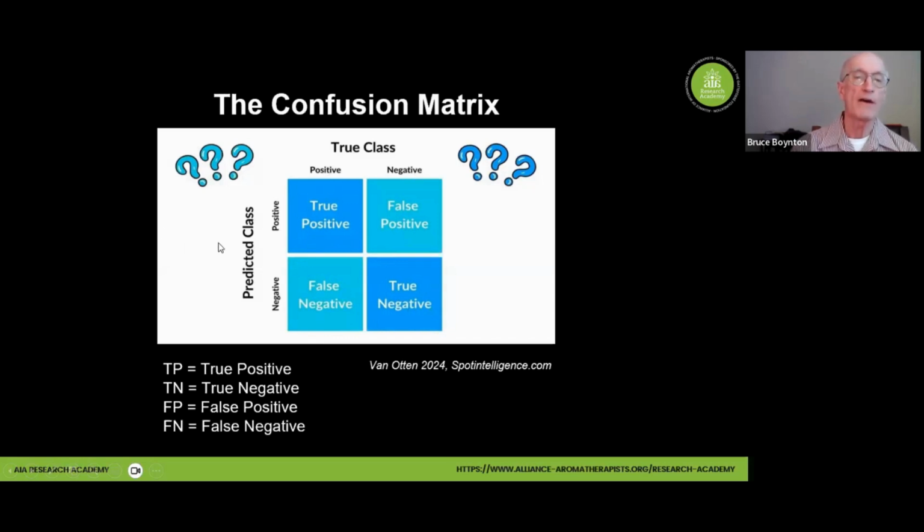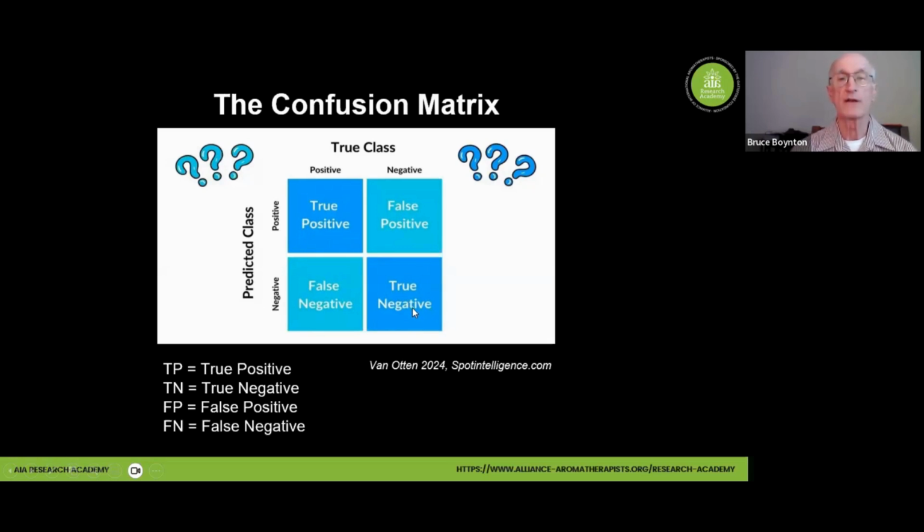It really is true. And all this column, under negative, really is false. Now, on the left is what your test predicted. So under positive, the test predicted positive for all these observations. Some of them it got right, and some of them it did not get right. Likewise, the test predicted all these observations are negative.